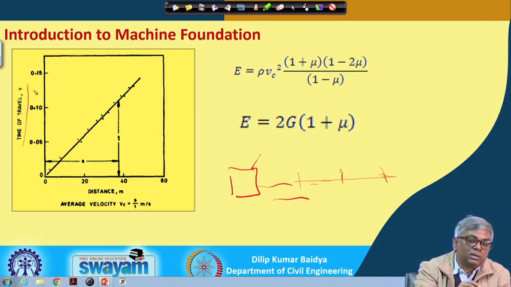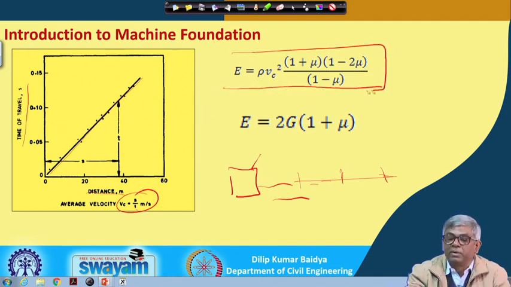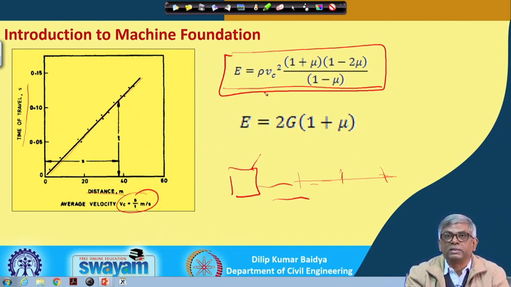If you plot travel time versus distance, we get an approximately straight line, and from there I can find the velocity Vc by the equation Vc equals S by T. Once you get Vc, using this equation one can find the elastic modulus E, and after getting E, one can find G also using this equation.